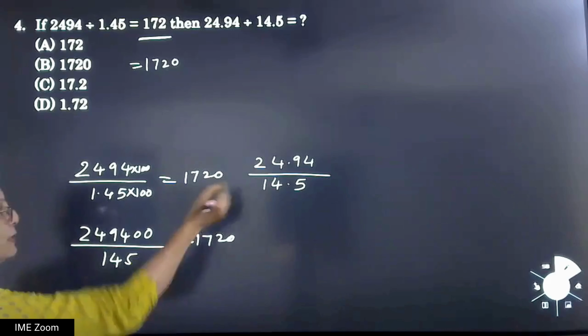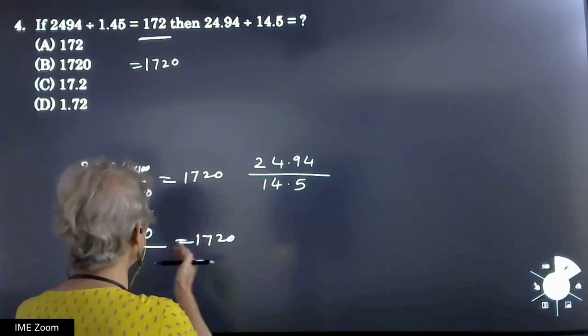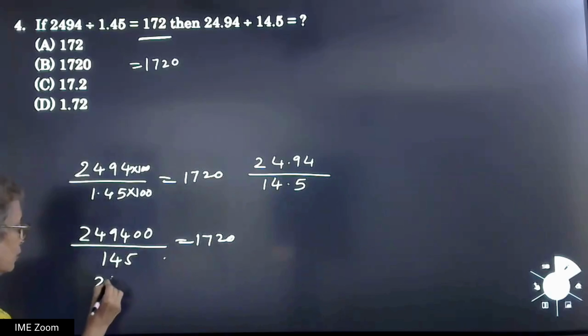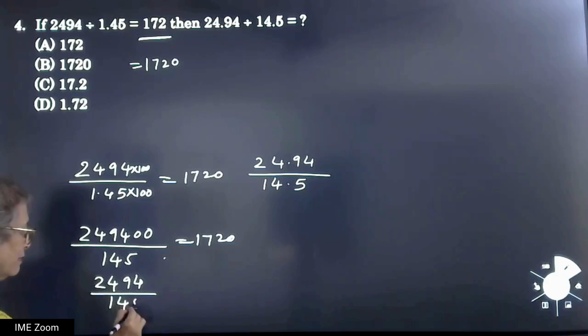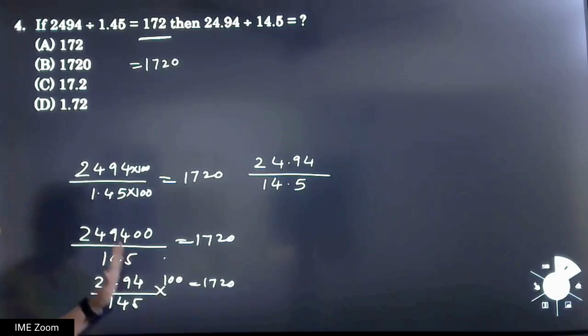Okay. Now here what will we do? First of all, make like fractions. Now we are going to use the same thing over here. One more thing. 2494 upon 145 into, say, 100. Let us do 100 like this. Okay. So this is nothing but 1720. Or keep it like this.